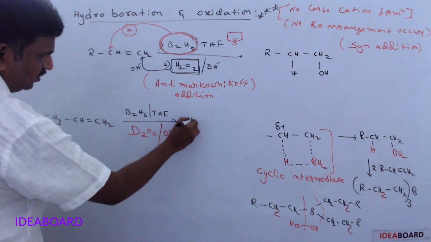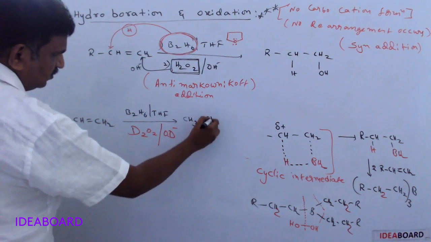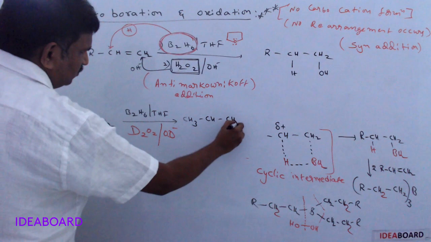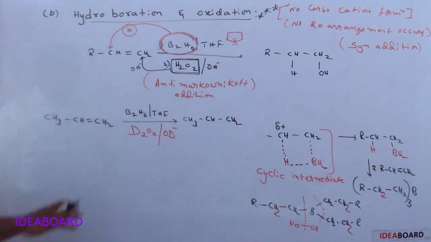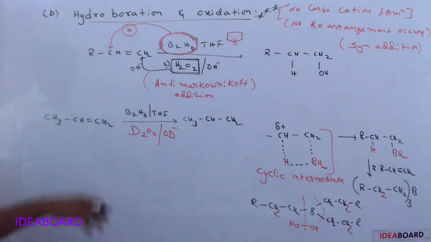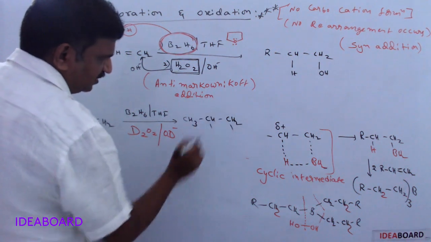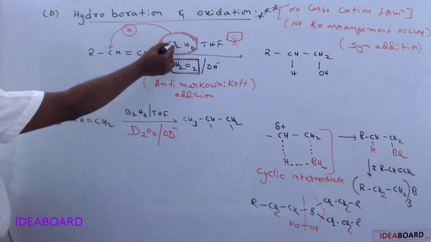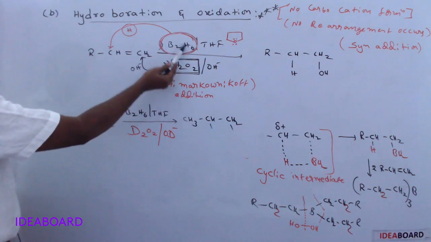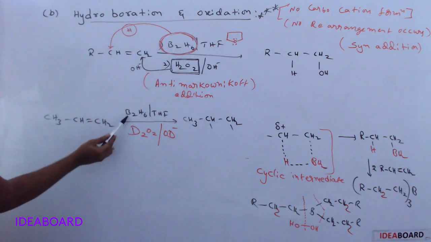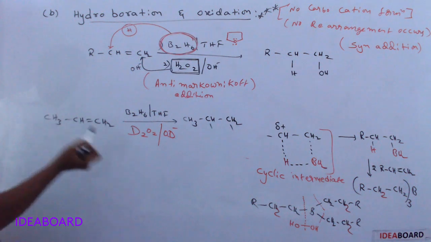I am writing the product CH3, CH, and CH2. Now tell me where we can add the H, where we can add the OH, or what the products are here. As per this reaction, B2H6 gives hydrogen on the carbon with fewer hydrogens. So here B2H6 gives hydrogen on this carbon.